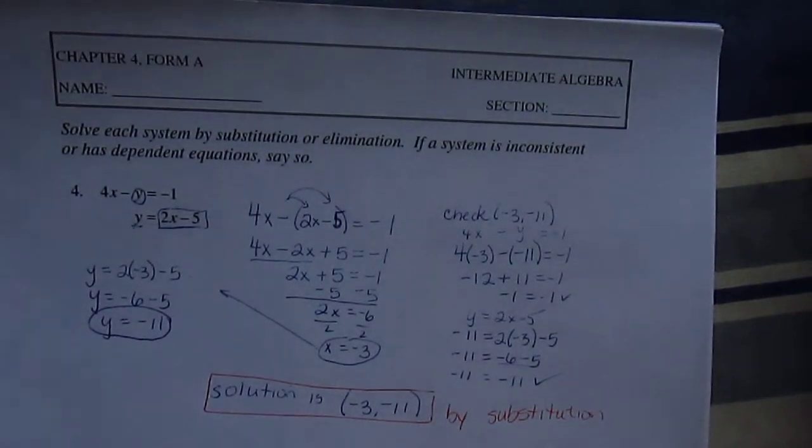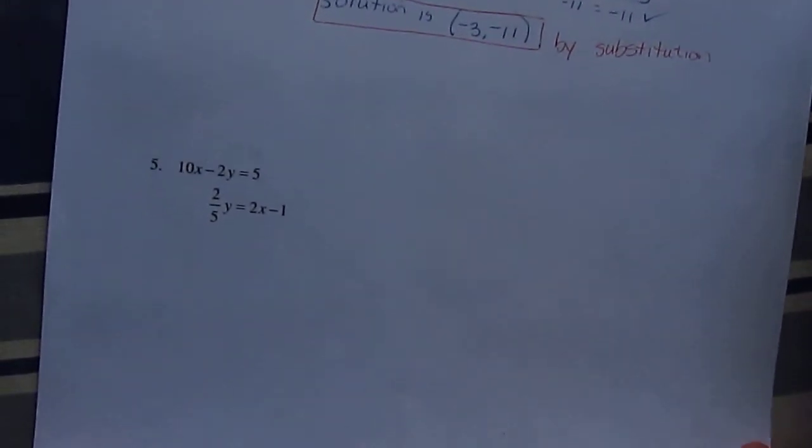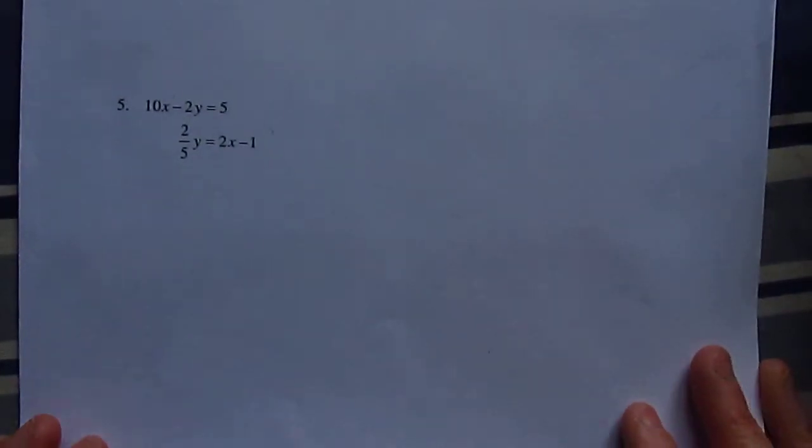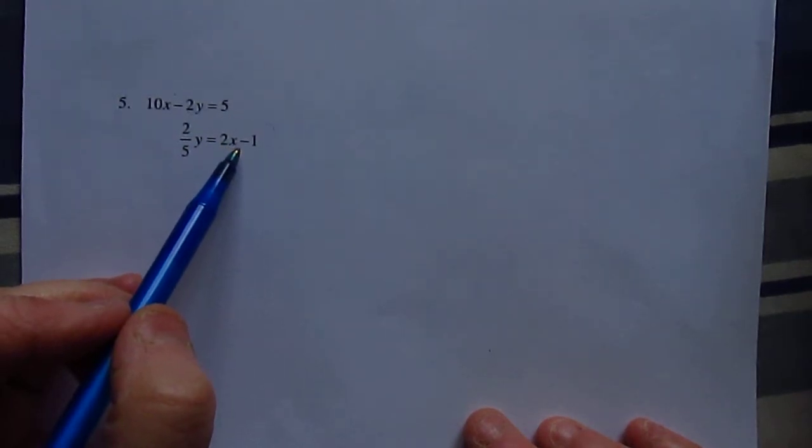Question number 5. 10x minus 2y equals 5. 2/5 y equals 2x minus 1.